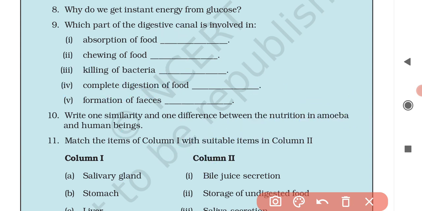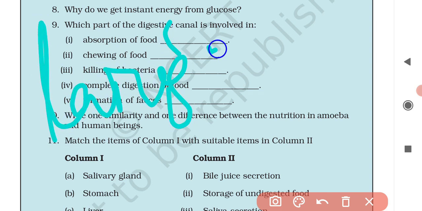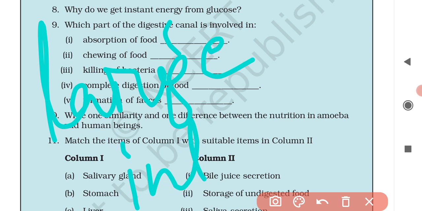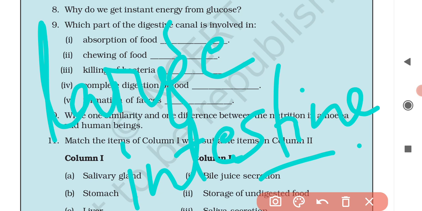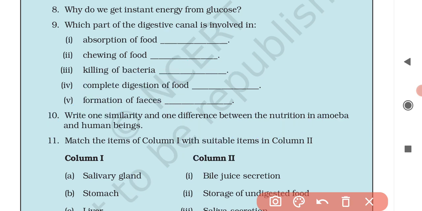Lastly, formation of feces. Which part of the digestive canal is involved in formation of feces? It takes place in the large intestine. So this completes your question number 9 also.